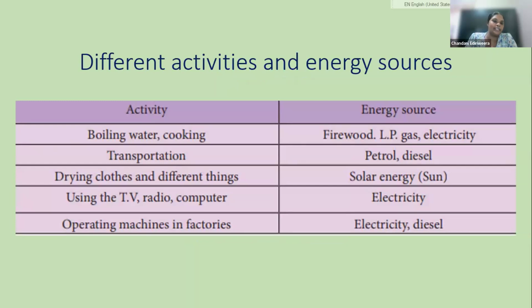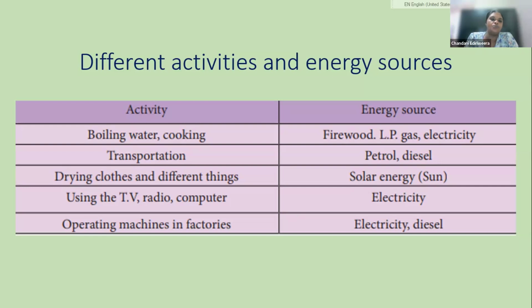That means in our day-to-day activities, we are using different energy sources, right? For boiling water and cooking, we use firewood, LP gas, or electricity. Petrol and diesel, and nowadays battery powered vehicles, are used for transportation.